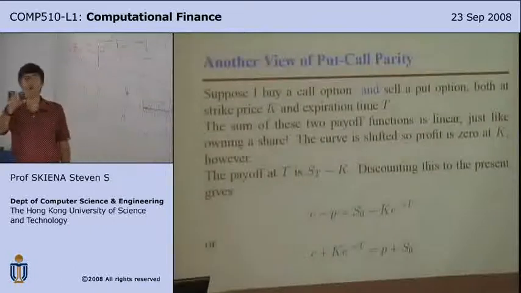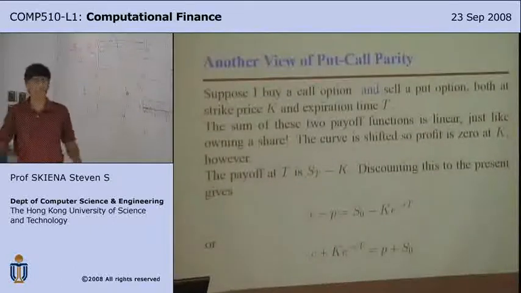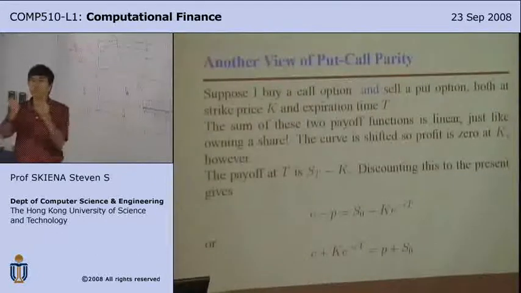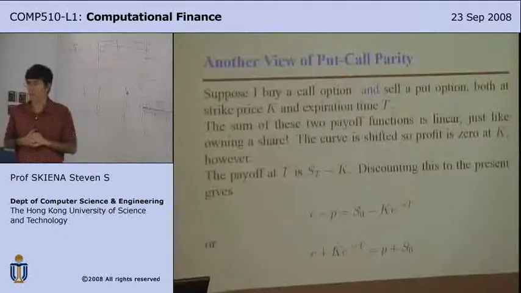Let me give you one other way to look at this, because this is kind of interesting. This now gives us a way to price these call and put options a little bit, or at least a tight relationship between them.